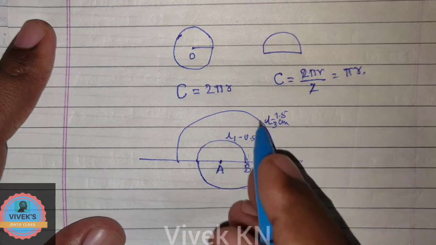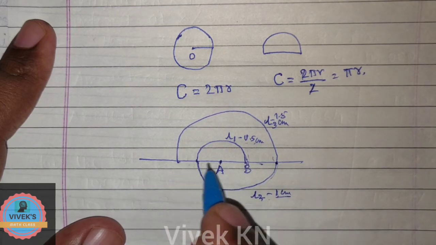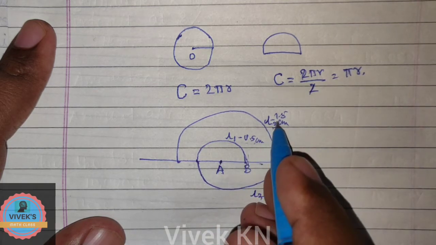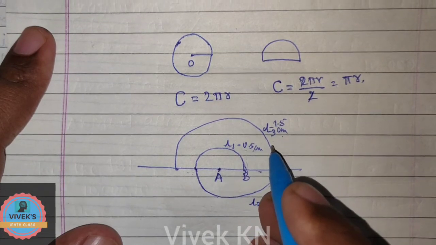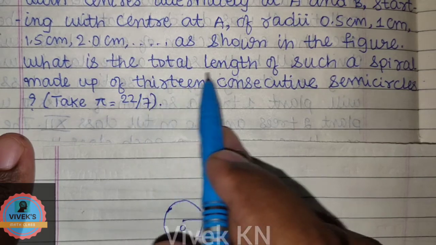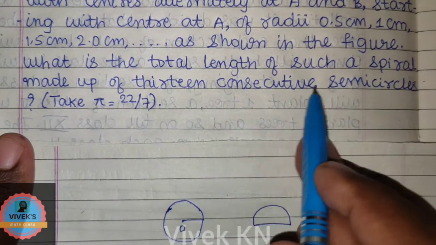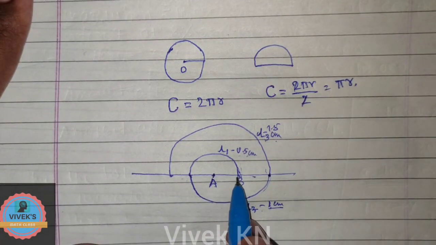And this is the third semicircle with center A of length L3 and radius 1.5 centimeter. And in this question we have to find the total length of a spiral which is made up of 13 semicircles like this.